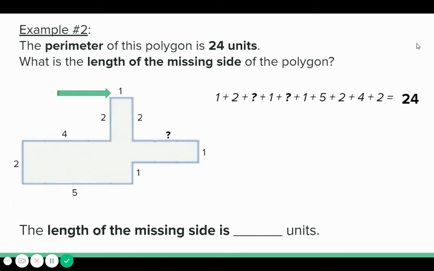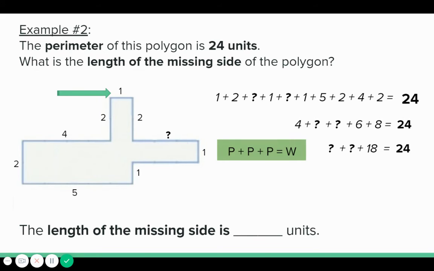Now, I'm just going to put the numbers together. So 4 plus unknown plus 6 plus 8 is 24. I keep adding, and I get to 2 unknowns plus 18 is 24. Those 2 unknown numbers are the same. And this makes me think about the part-whole relationship.